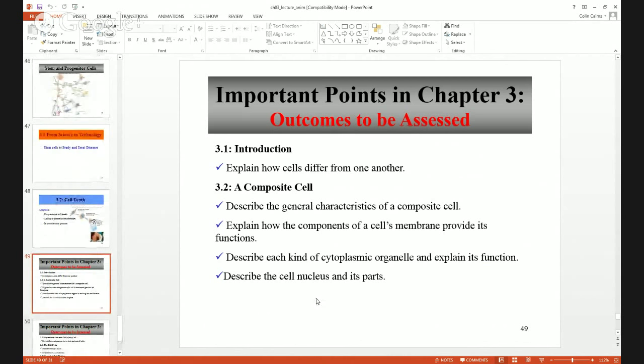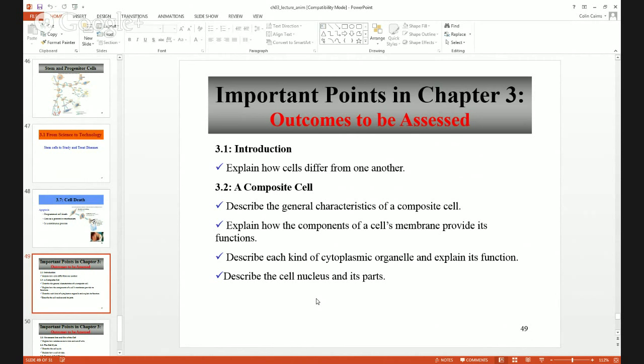Okay, so these are the important points that you need to know. Differentiation, how cells differ from one another, having specialized function. You should be able to describe the three parts of a composite cell: the nucleus, cytoplasm, and the membrane. Describe each of the organelles we mentioned, the lysosomes, the ribosomes, peroxisomes, centrosomes.